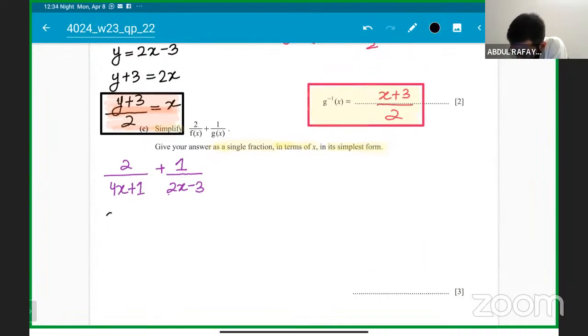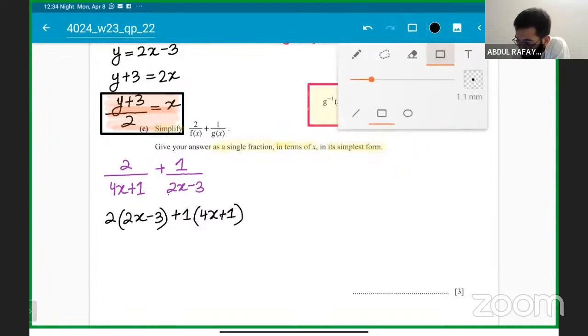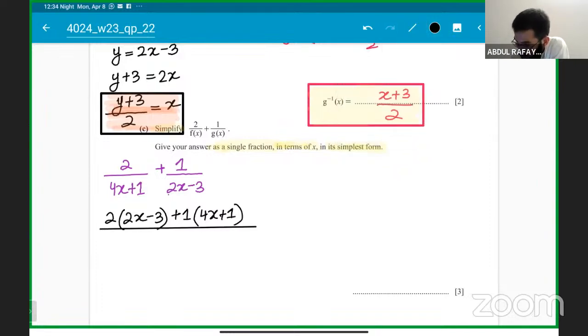Now take the LCM and work it out. It will be 2 times (2x minus 3) plus 1 times (4x plus 1). The LCM concept is being tested, and you have to make them one value.